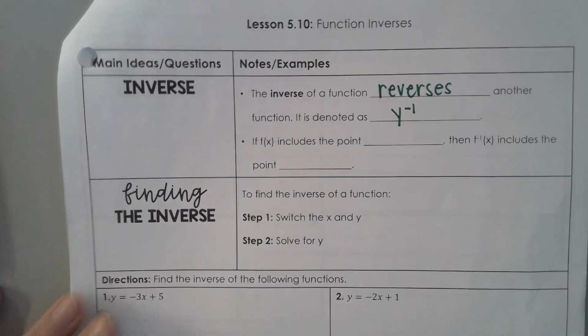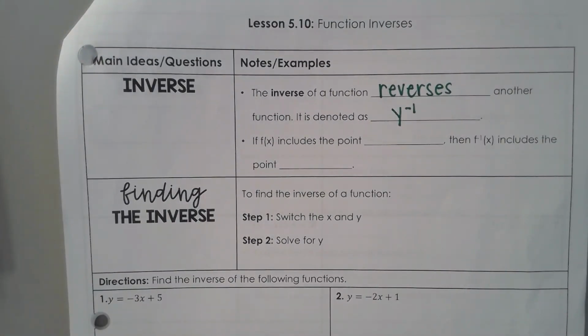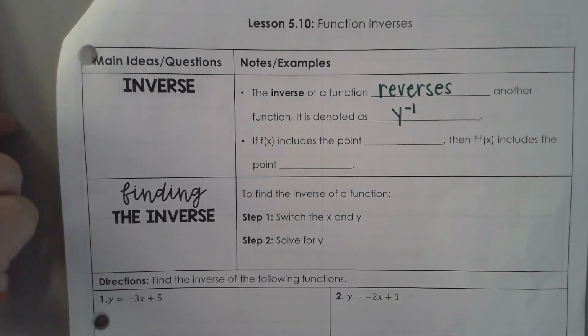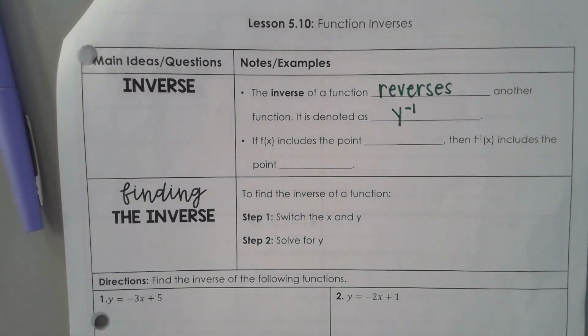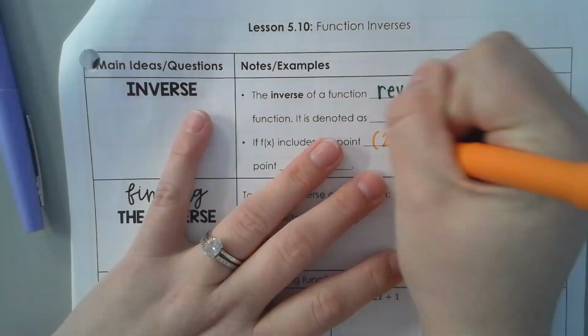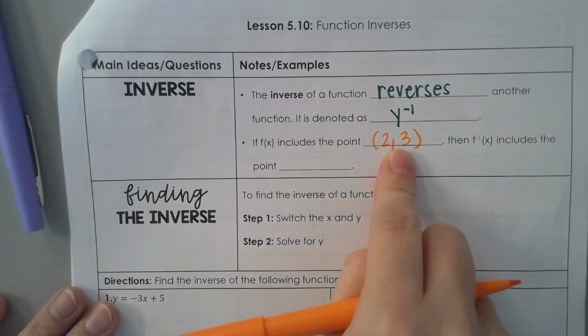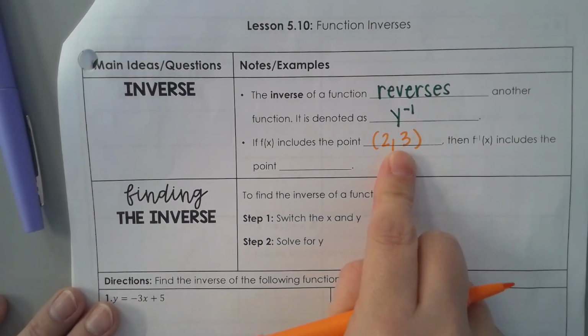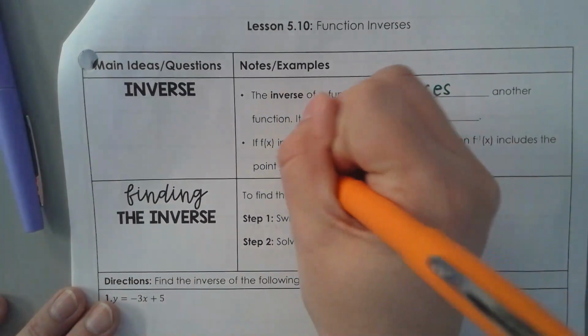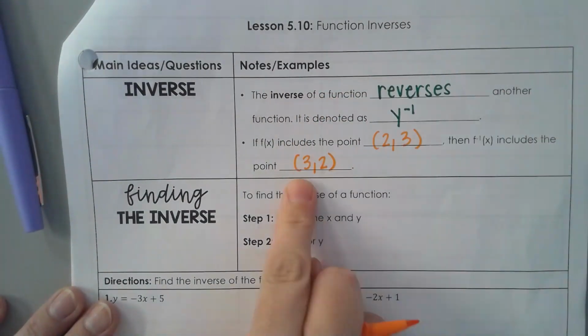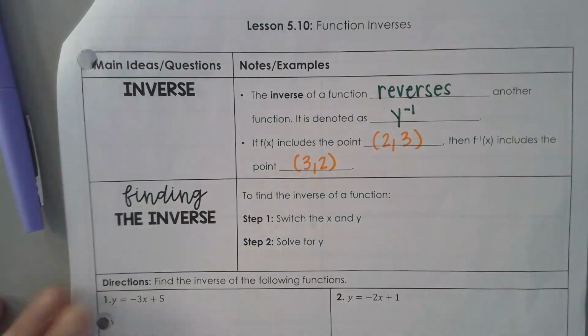So if I have one parabola, and it has the point (2, 3) somewhere on it, then the inverse would be the point (3, 2). The x and y just switch.